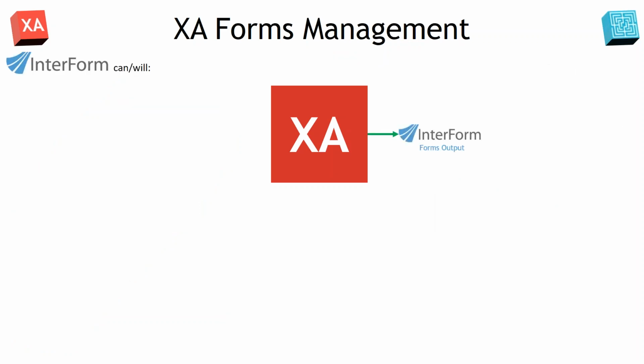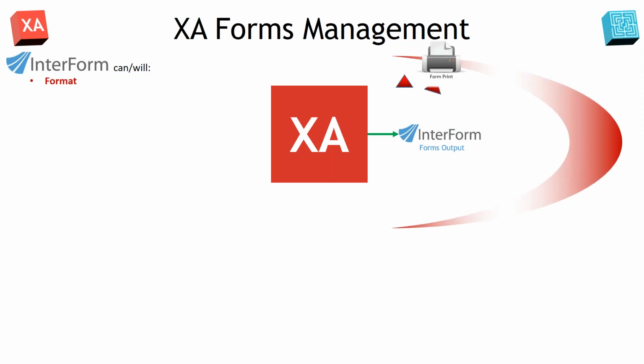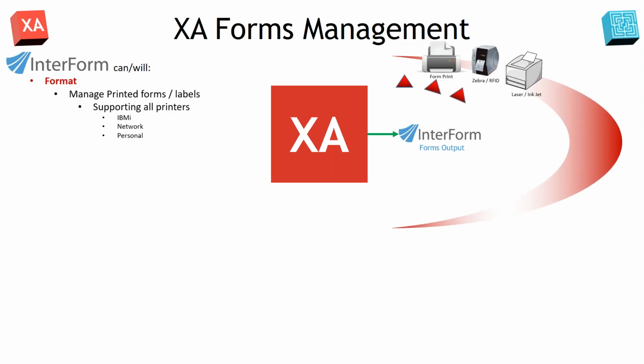So what do we do with InterForm? Coming out of XA, first thing we want to do, we just talked about the 3 functions of forms management. We format. We still can generate paper. The thing is, you don't have to have pre-printed forms. Everything can be generated inside the system. You can put your logos on it. You can format it any way you want. It's laser quality.